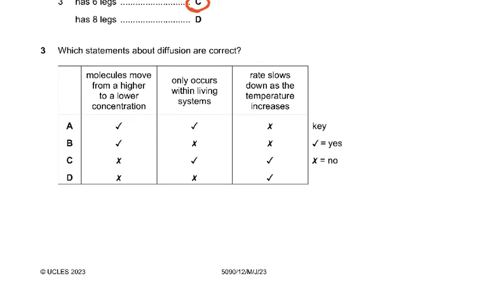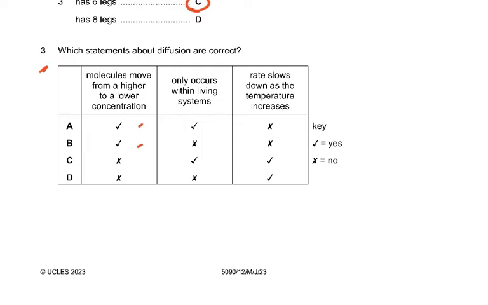Then, which statements about diffusion are correct? Question number 3. Molecules move from a higher to a lower concentration. Yes. So it can be this or this. Only occur within living system? No, diffusion occurs when you're smelling some perfume. That's also diffusion. You put an ink in a beaker of water. That is also diffusion. So it doesn't require a living system. Rate slows down as the temperature increases?